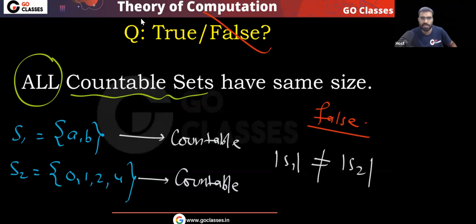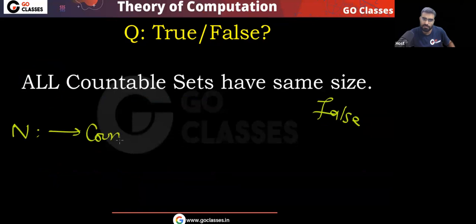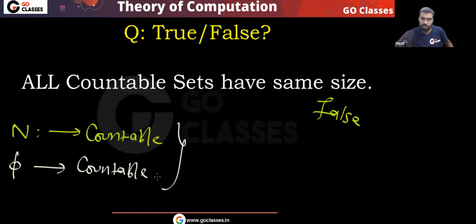So all countable sets have the same size. This is wrong. Is this clear? For example, consider this, which is countable. This is also countable. And this phi is also countable. Do they have the same size?